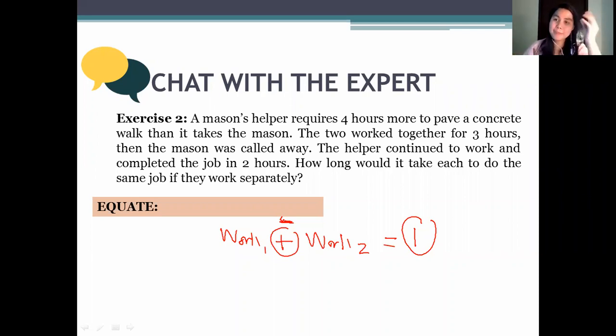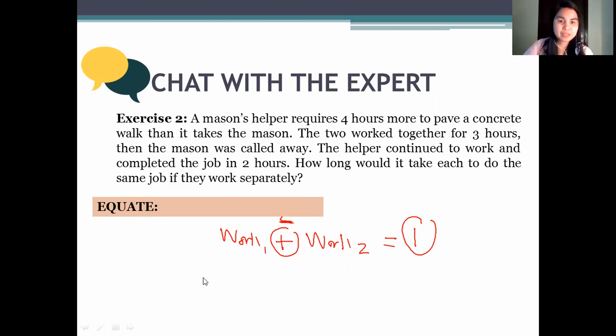If 2 pipes will work together, that's plus. But if the pipe and the drain are both open, they are not working together, right? The pipe fills, the drain empties. So it's minus. But here they are working together. So plus.